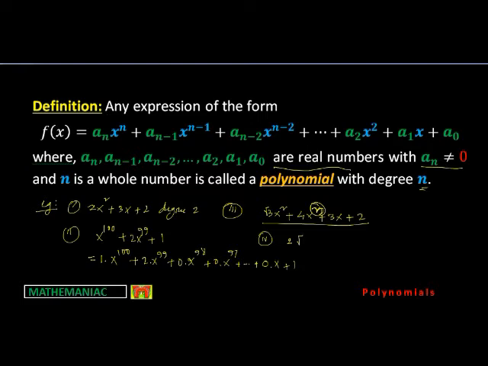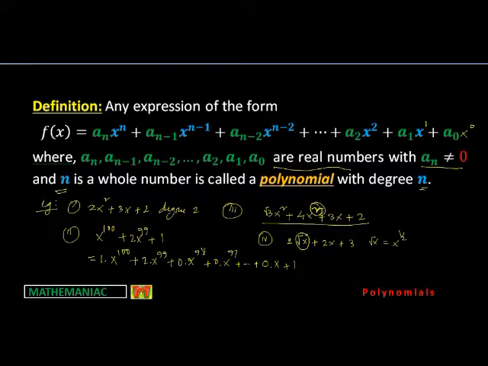Now next, will this be a polynomial? Absolutely not. Here you have to be very careful, because this is root over x, which means x to the power half, and we mentioned that n is a whole number. I have to reduce n such that it reaches a minimum of 0, which means x to the power 0.